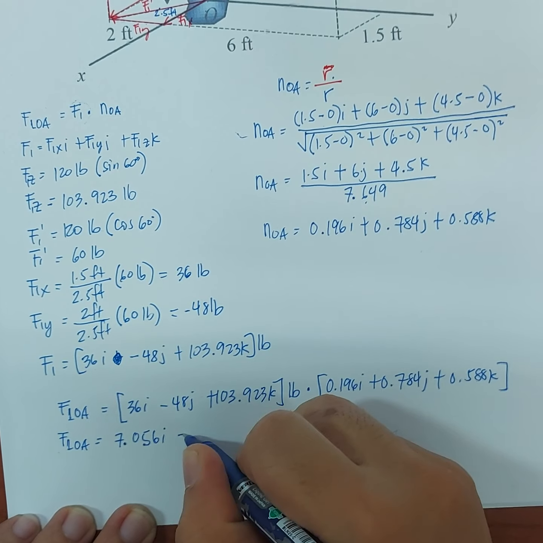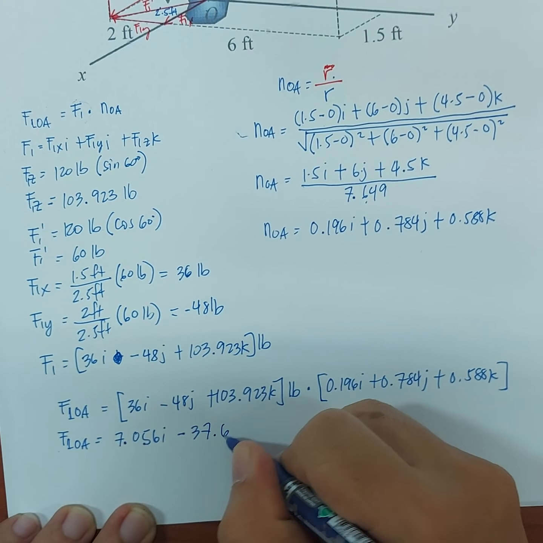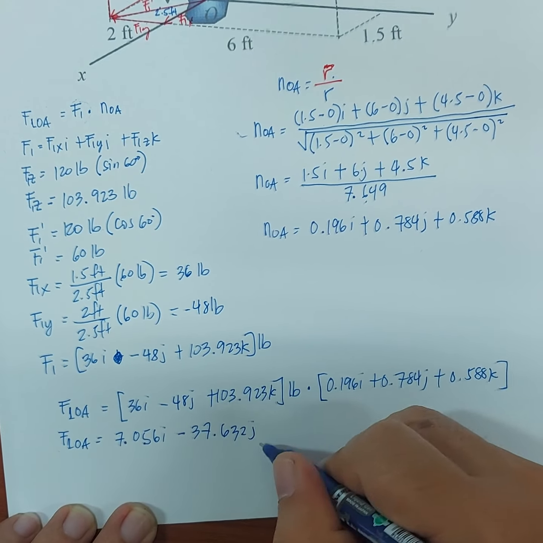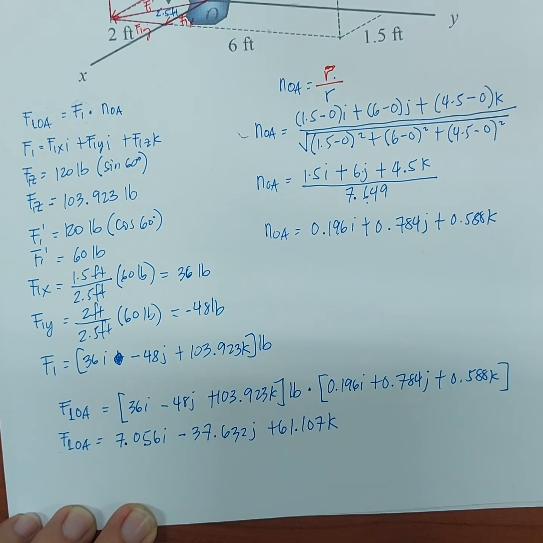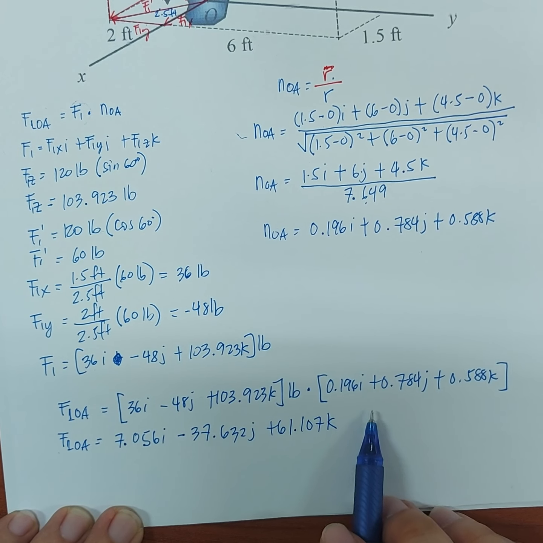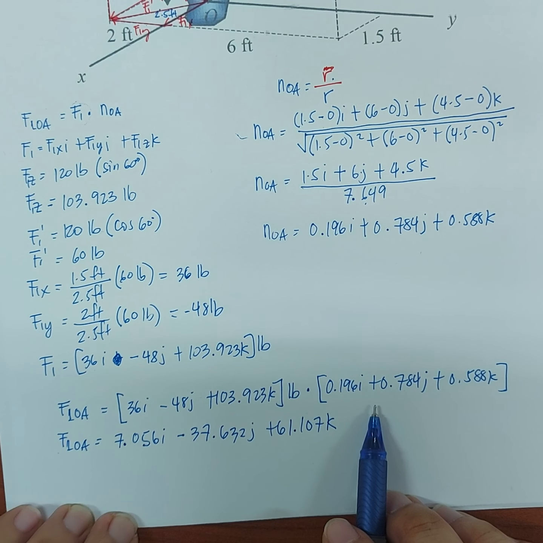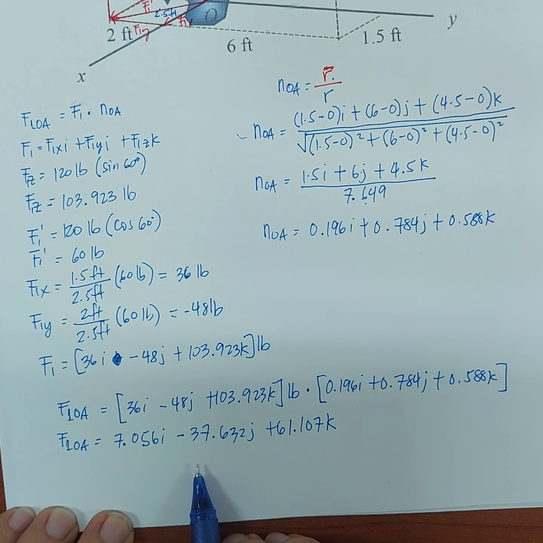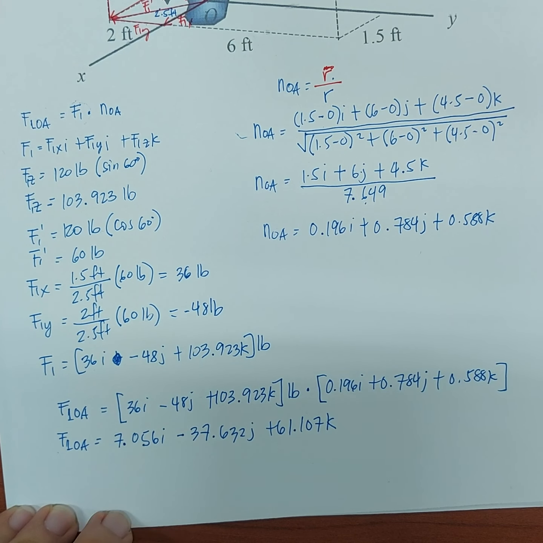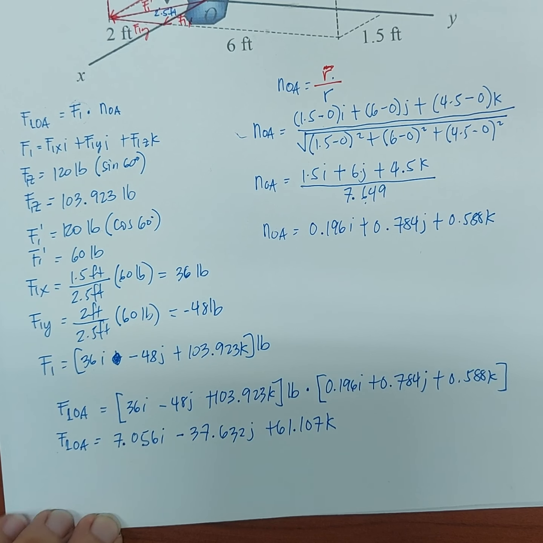7.056i minus 37.632j plus 61.107k. So, yan na yung result nito. Okay? All the quantities are in pounds. Okay.